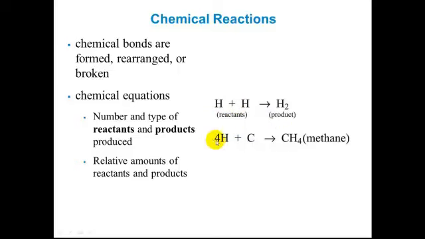We always have some amount of balance, so whatever goes into the reaction has to come out. So here we have an H plus an H yielding H2. Here we have 4 H's plus a C yielding CH4. When we have a subscript number in a molecule, it means that we have 4 atoms of hydrogen bound to a carbon, creating a single molecule, in this case called methane.